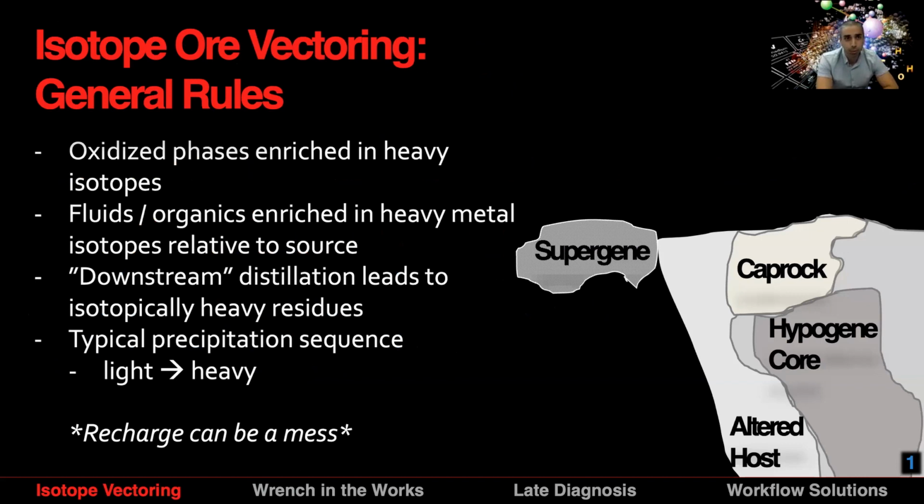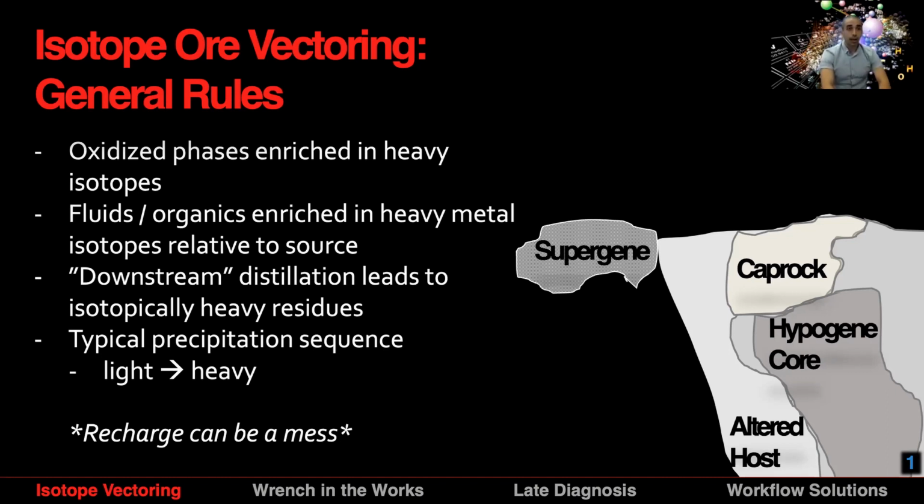So, summarizing in very broad strokes some of the things that Ryan covered really well. There are some general rules in isotope ore vectoring, and some of this is empirical, from what we've seen in the field, but a lot of it is based, as Ryan hinted at, in theoretical calculations, because ultimately isotope fractionation is really beholden to thermodynamic processes.